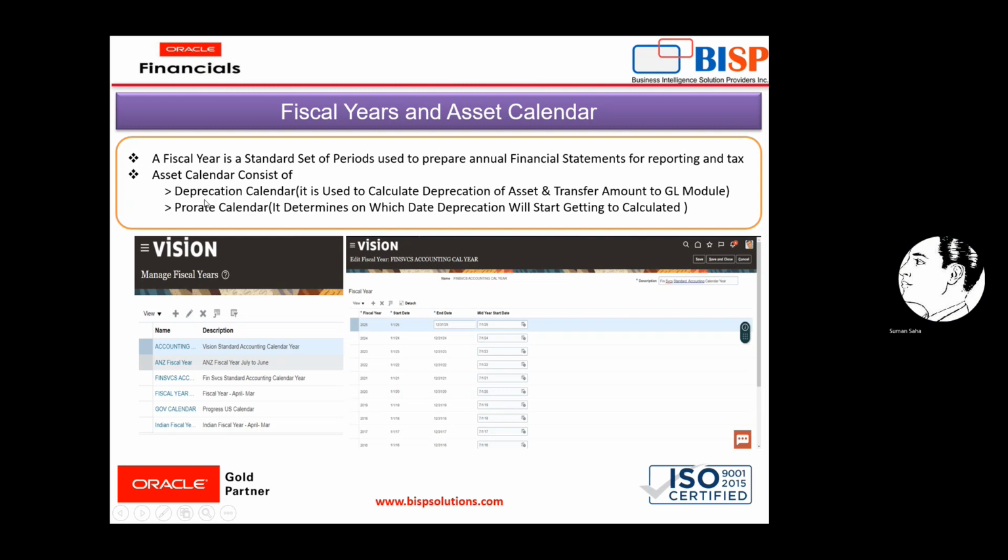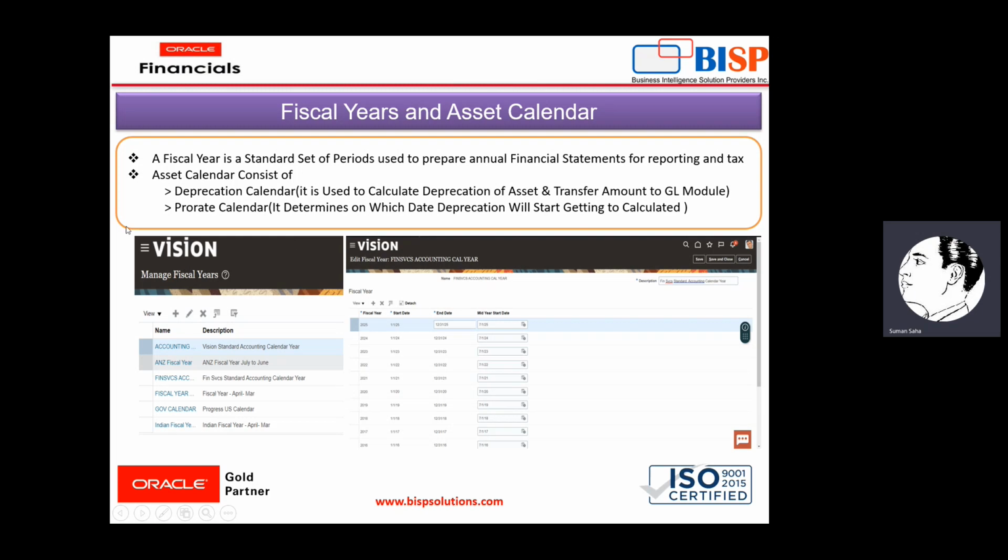Otherwise, the whole depreciation and book process for fixed assets will fail, as it will not transfer to the GL module. At the end of the month, the balances will not transfer to the GL module.